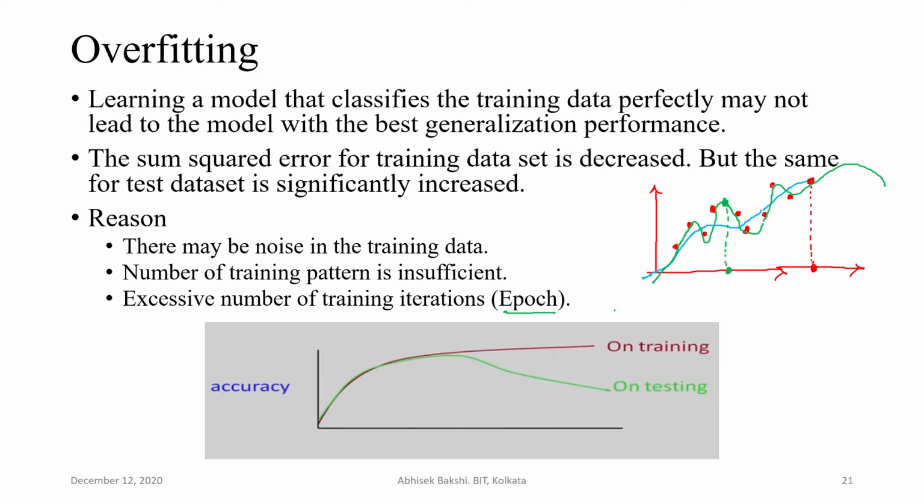In machine learning problems, machine learning algorithms, we need multiple epochs to train a model. In one epoch we pass all the patterns.